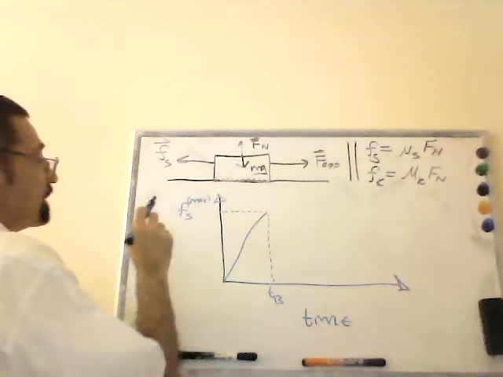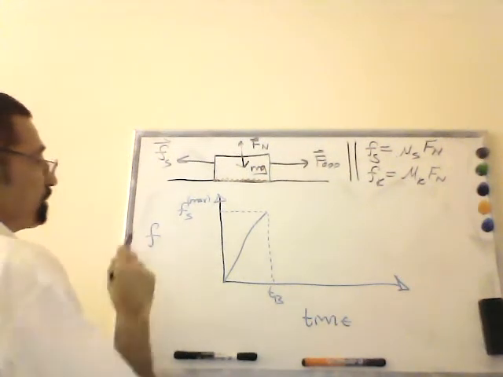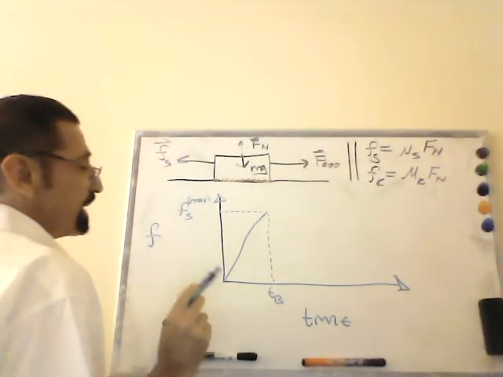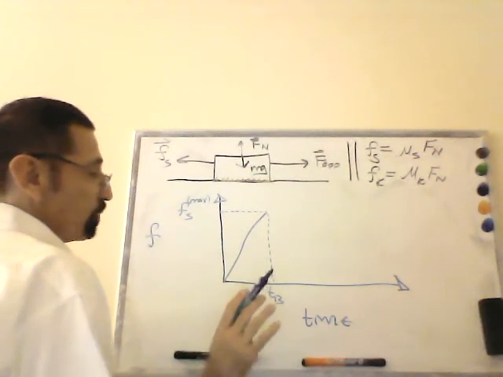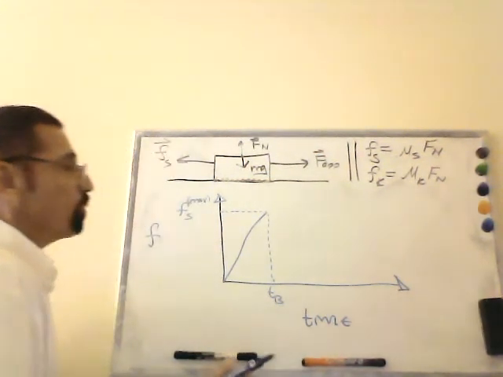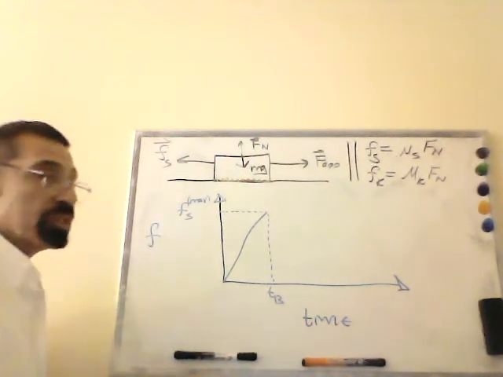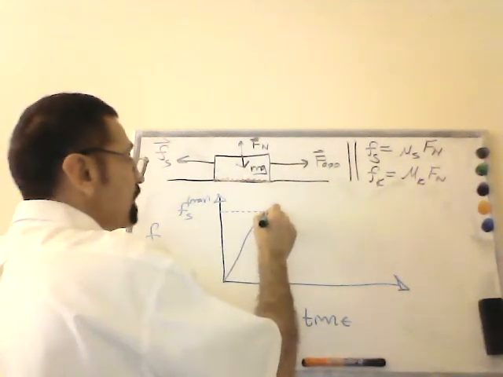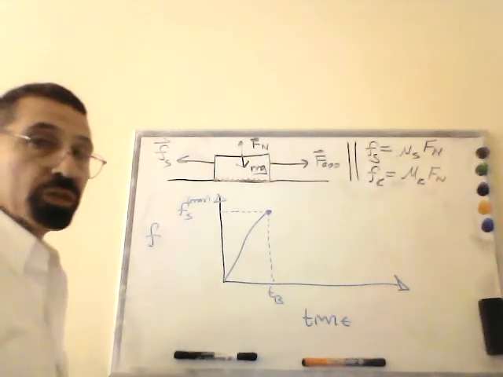Let's define this maximum frictional force as being that threshold beyond which an applied force will set the object in motion. In other words, the point at which there is a transformation from an inertial to a non-inertial state.